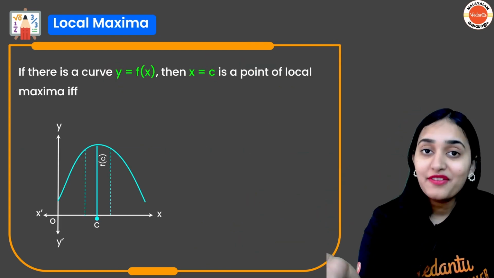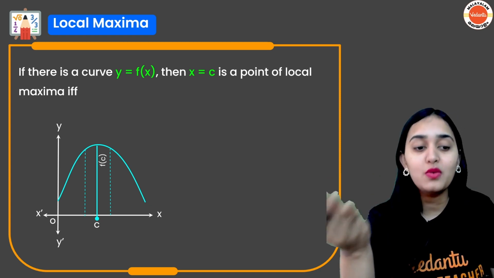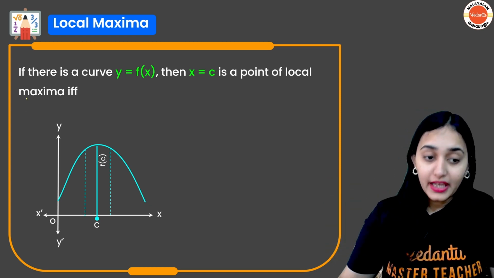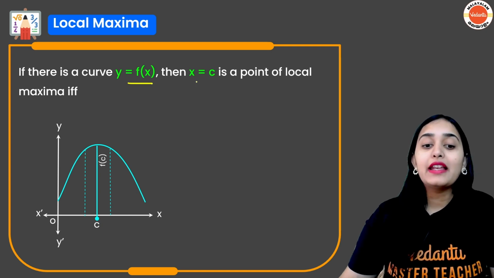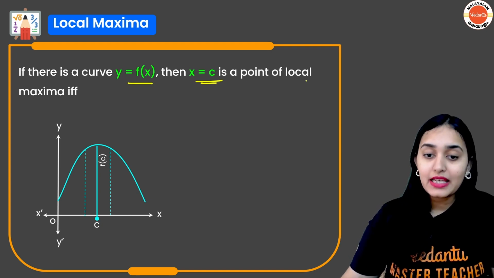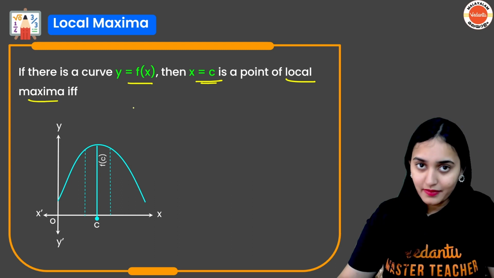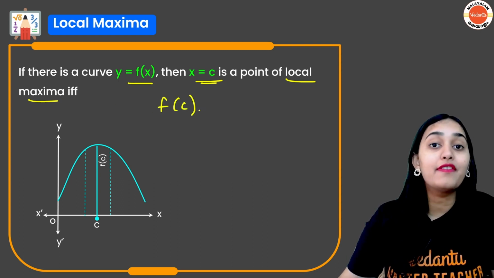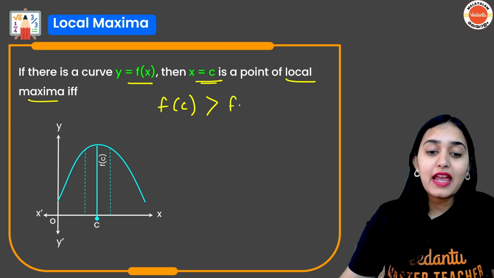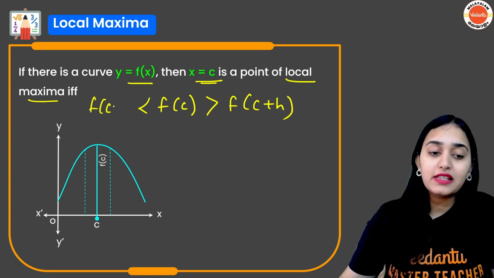How do you check whether it is a local maxima or a local minima? First, if you have a curve y is equal to fx, then at point x is equal to c, it is called a local maxima if f of c has a value greater than f of c plus h and greater than f of c minus h.